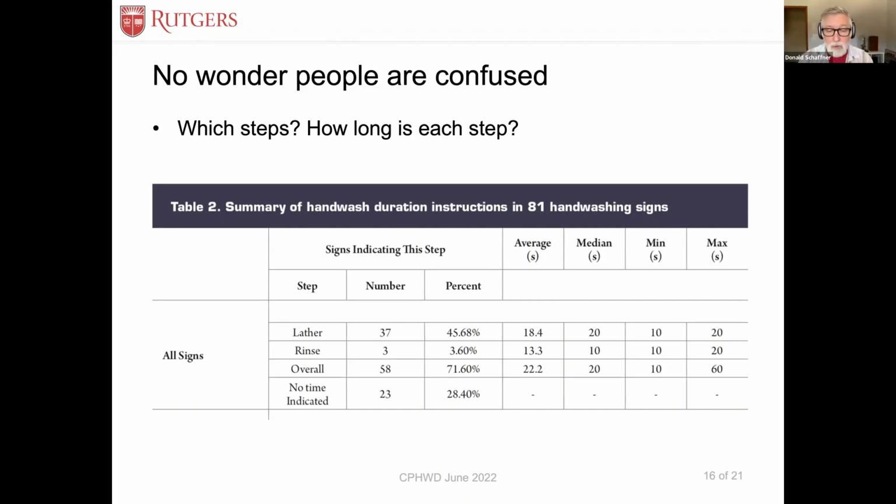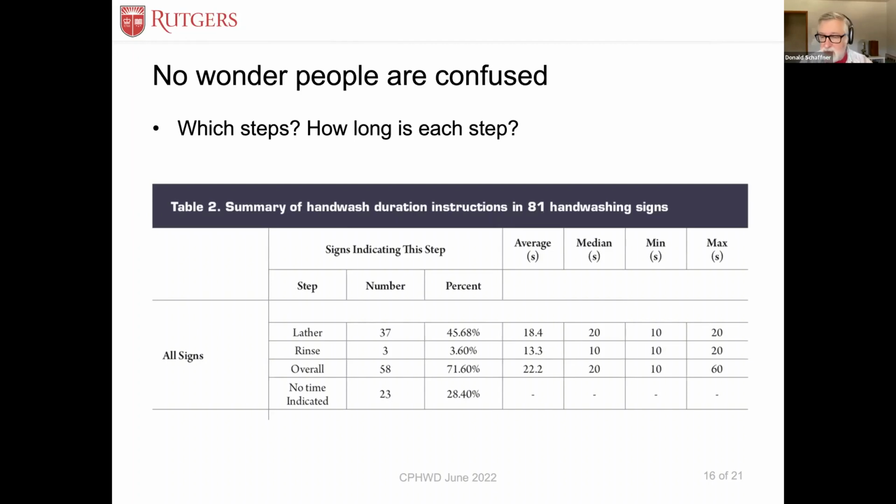They didn't tell you how long to wash your hands. So almost 30% of the hand washing signs we found didn't tell people how long to wash their hands. About 45% specified the length of time for lathering. A very small percentage talked about the length of time for rinsing the soap off your hands. And then about 71% of the signs indicated an overall amount of time to wash your hands.